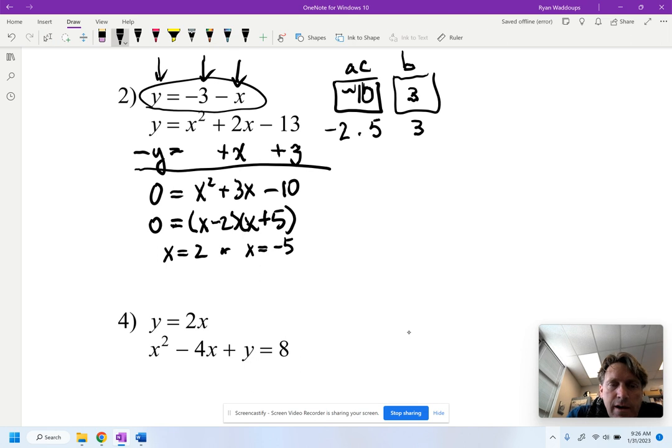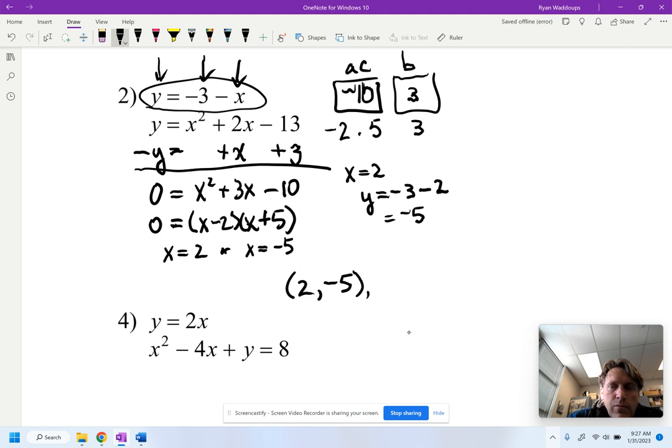Again, let's say x equals 2. What does y equal? Y equals negative 3 minus 2. And so that's negative 5. So one of my solutions is 2 comma negative 5.